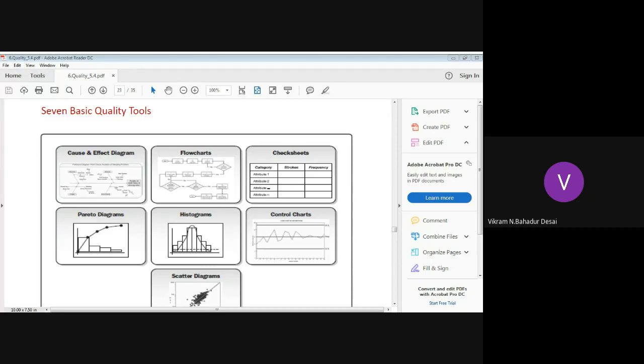Sit at home and screen record yourself with a nice PPT, at least 30 to 40 slides, and 10 to 15 minutes should be the video duration. It has to be submitted before June 30th. If it is up to the mark, you will be given full marks. If you keep delaying, you will lose marks. That is what I want to say.